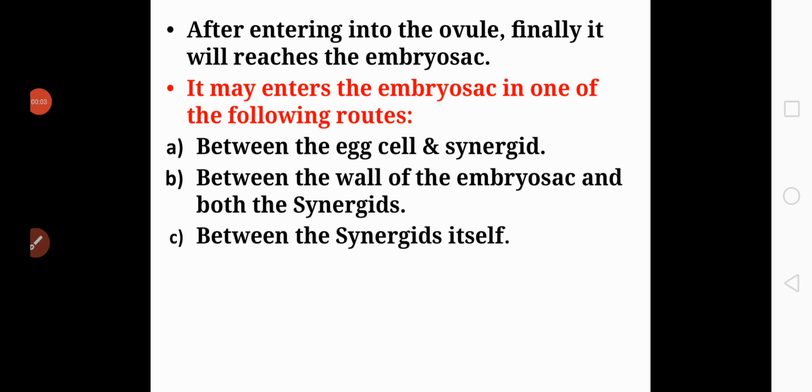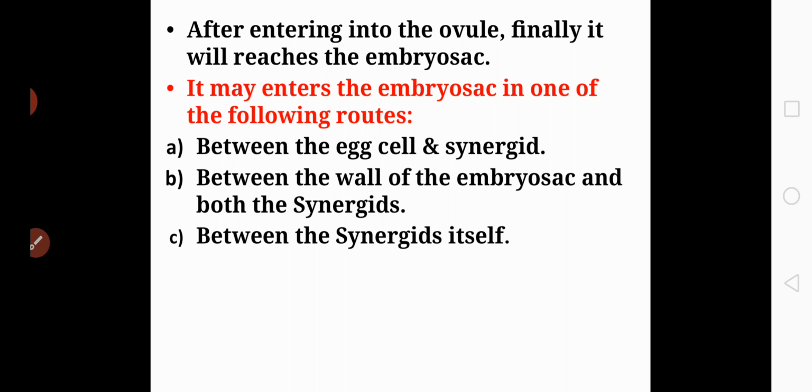Now after entering into the ovule, finally it will reach the embryo sac, and it may enter the embryo sac in one of the following routes: between the egg cell and the synergid, between the wall of the embryo sac and both the synergids, and between the synergids itself.